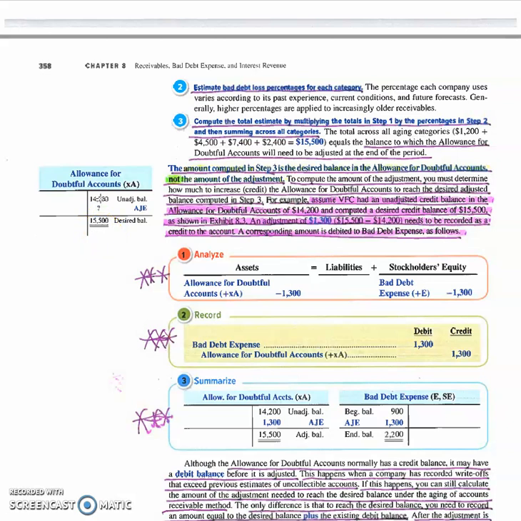So if the allowance account has a credit balance, we subtract to get the needed adjustment. If the allowance account has a debit balance, we add the debit to the needed ending balance to get the size of the adjustment.